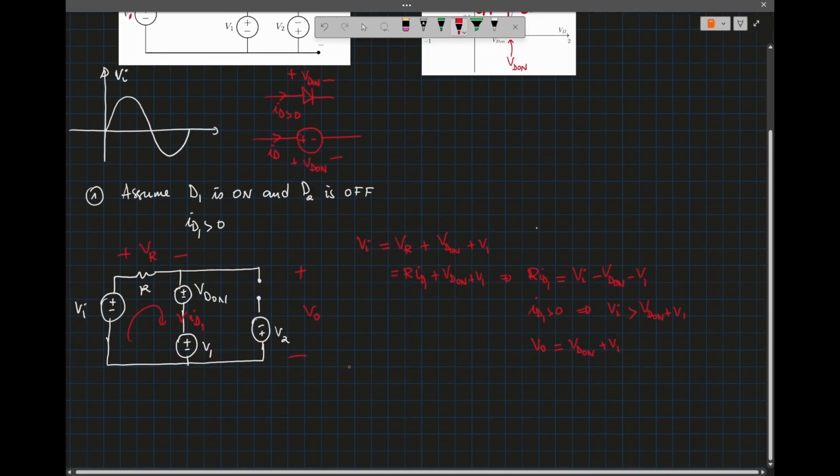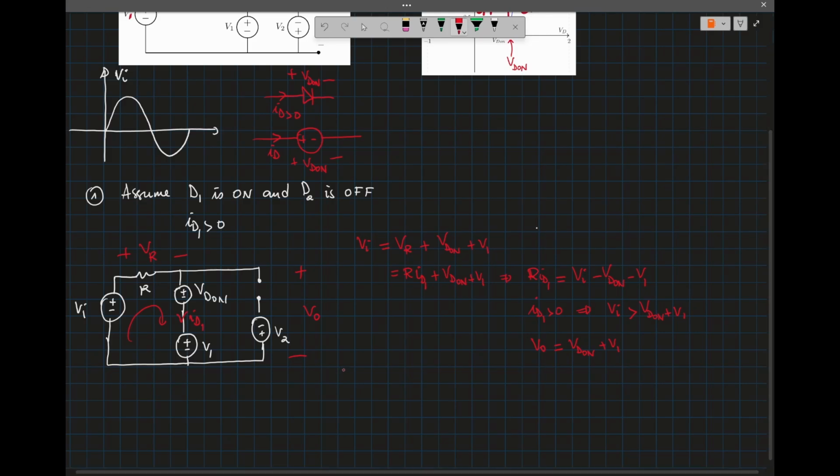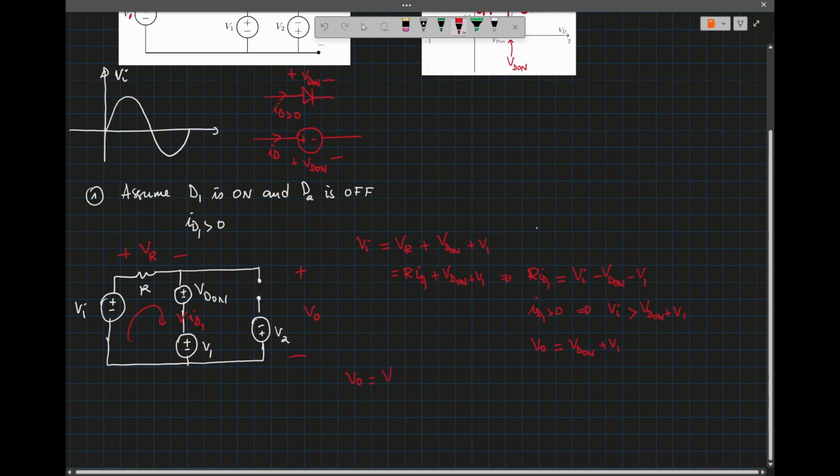So we recap the first case: we have V0 equal to VD on plus V1 when VI is bigger than VD on plus V1. So we have that.